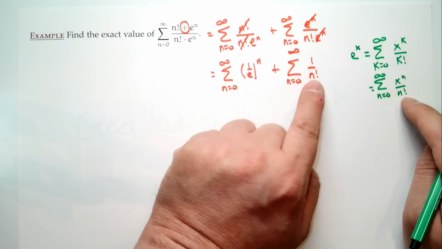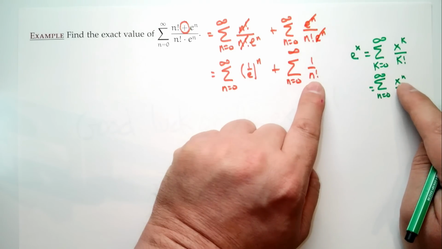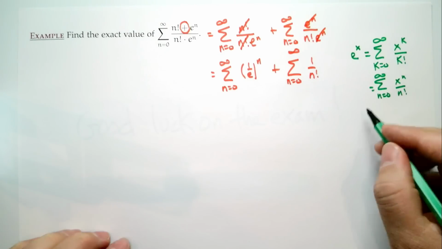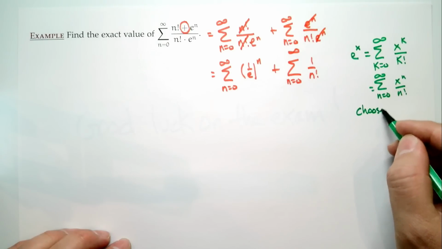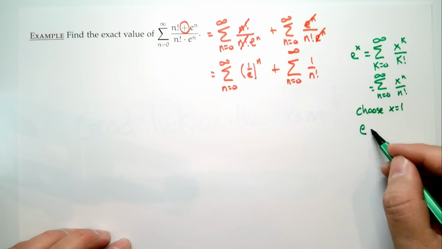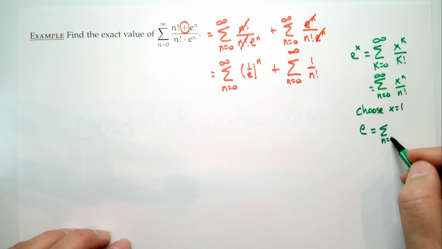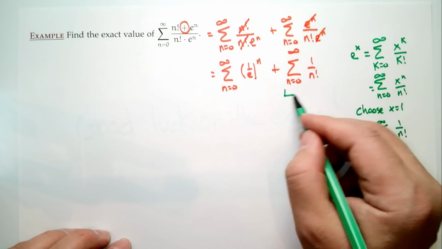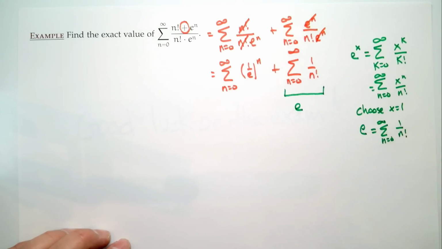Well, choose x as 1, because if we choose x as 1, 1 to the n is 1. So, if we choose x equals 1, we get that e to the 1, which is e, is the summation n equals 0 to infinity of 1 over n factorial. So this second sum is e, and it comes from recognizing it as a Taylor series evaluated at a point.